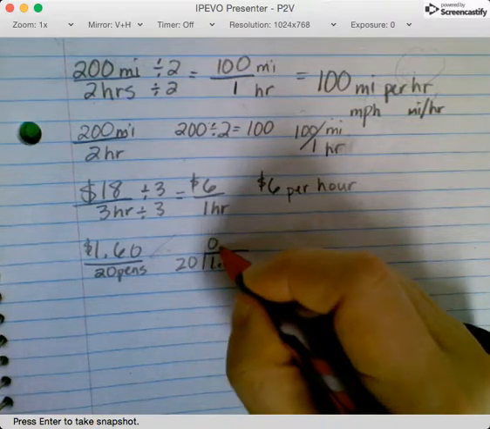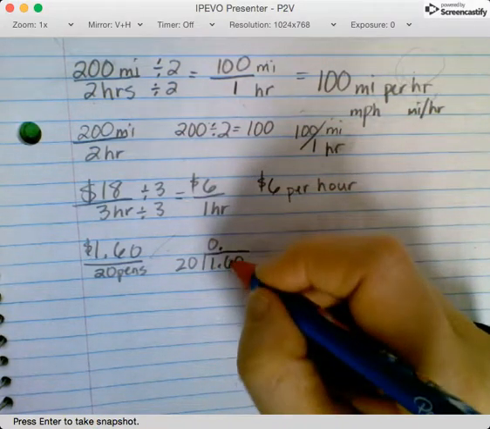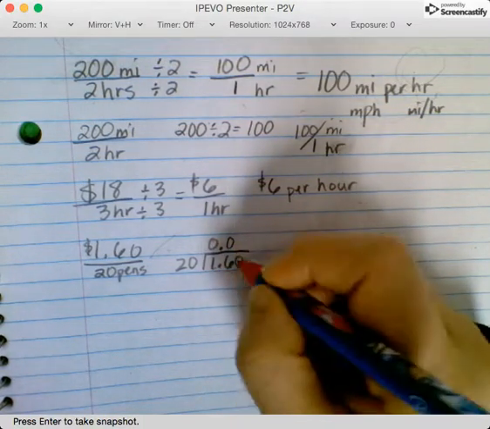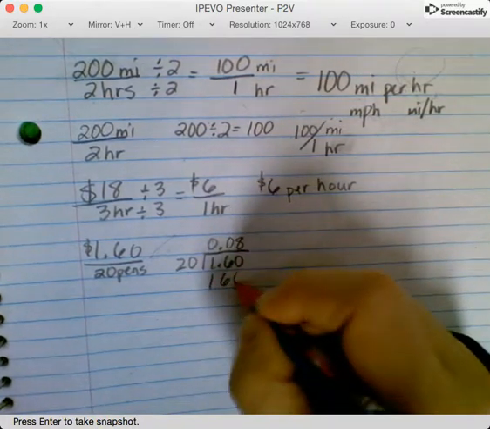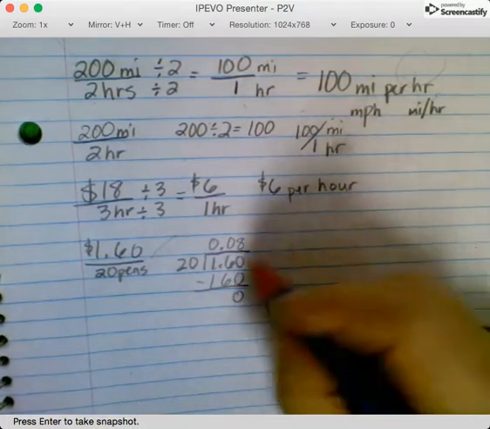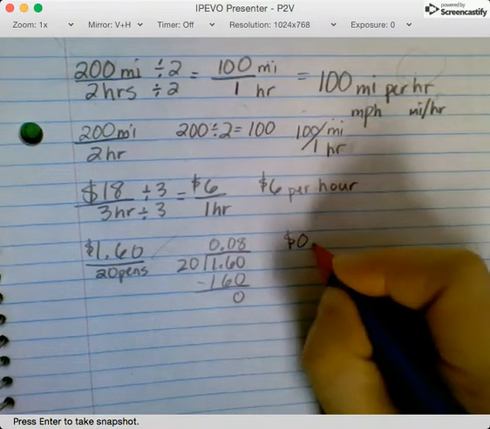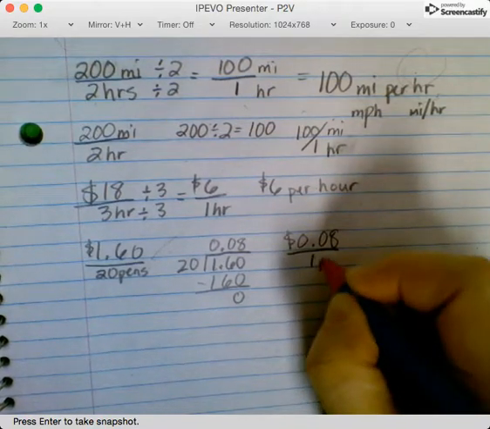So it won't go into 1, but it'll go into, and it won't go into 16, but it will go into 168 times. Okay, so I'm going to put my dollar sign, 0.08 over 1.